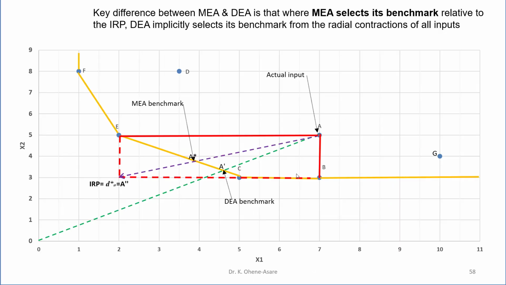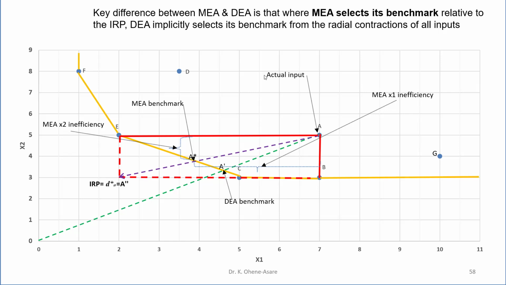So now you can see that this is the MEA target, DEA target, and then the MEA excess for the X1 is here. We call it X1 inefficiency. The inefficiency, that is the excesses because you are inefficient. The inefficiency at the X1, and then the other one is the inefficiency at the X2.